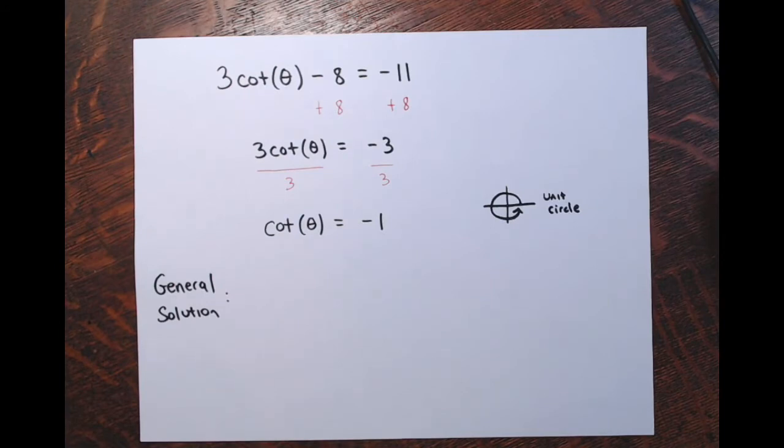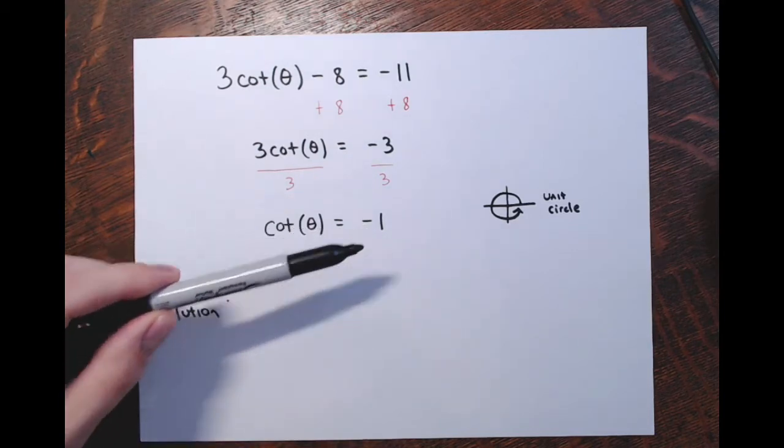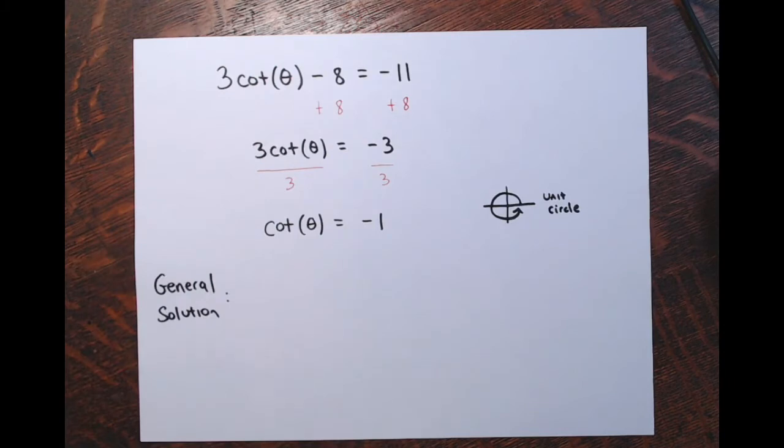Now, if you don't remember your cotangent angles very well, hopefully you remember that cotangent is cosine divided by sine. So basically, if the cotangent is negative 1, that means cosine divided by sine is negative 1, or cosine and sine are opposite values.